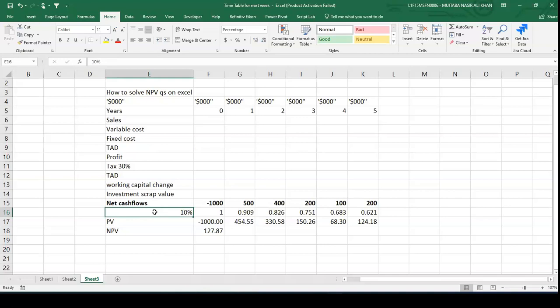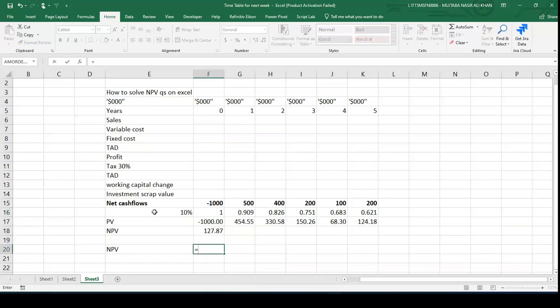Examiner has introduced one simple formula for the NPV, and that is, write NPV is equal to, simply write the 3 letters, NPV, bracket start. First of all, write this discount rate, 10%. Apply comma.